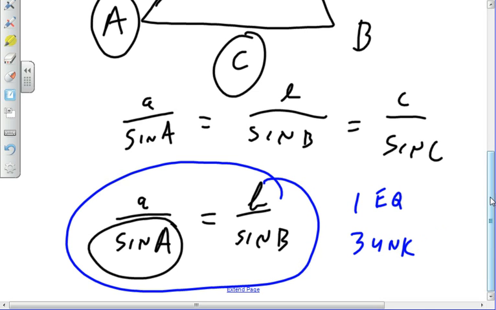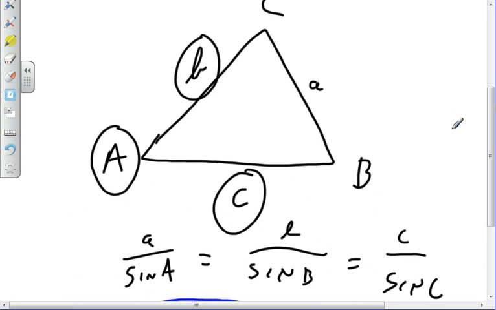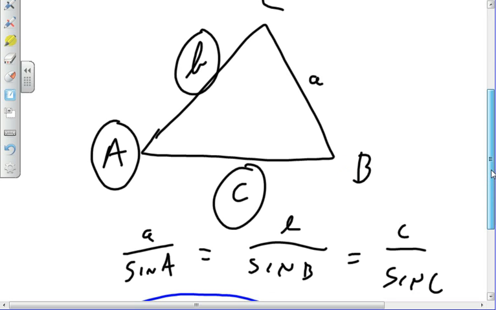Bummer. No matter what I do with this combination of things, I'm going to have one equation, three unknowns, and I won't be able to solve it. If you think about it a little bit, I know the angle and the two sides. You'll probably figure out why. So that means you're hosed.